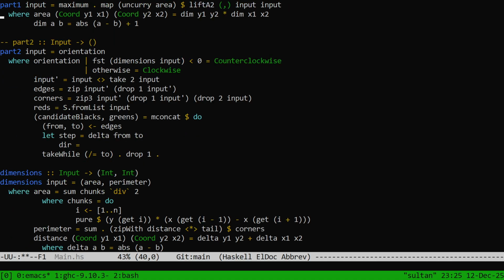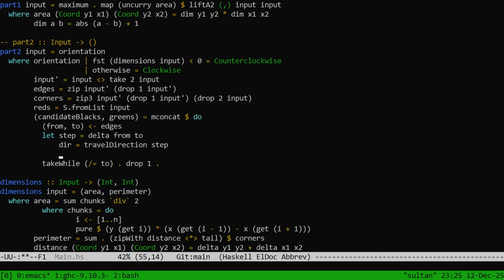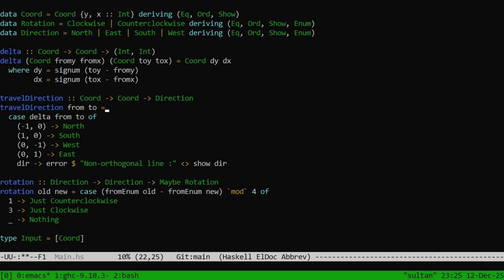Travel direction of step. Outside step. God, I hate having two different representations of direction, right? My rotation and this direction is northeast, southwest, but I don't have a good way to convert back to this.